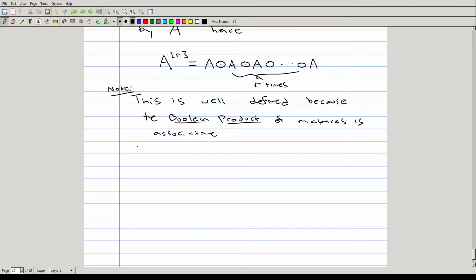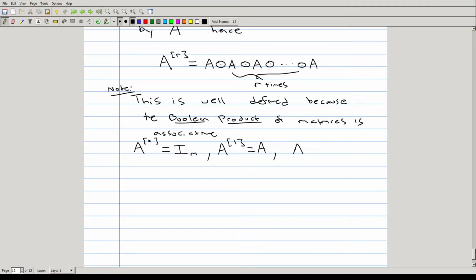And what this means is that we can say the 0th Boolean power of A is just the identity matrix, which is the same size as A. The first Boolean power of A is just equal to A itself.